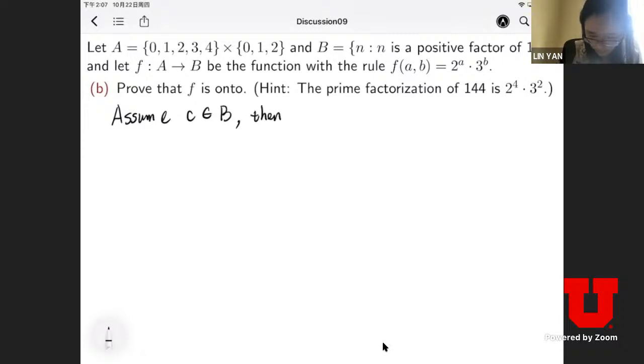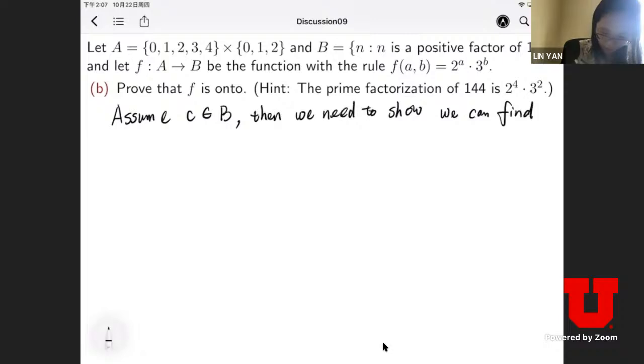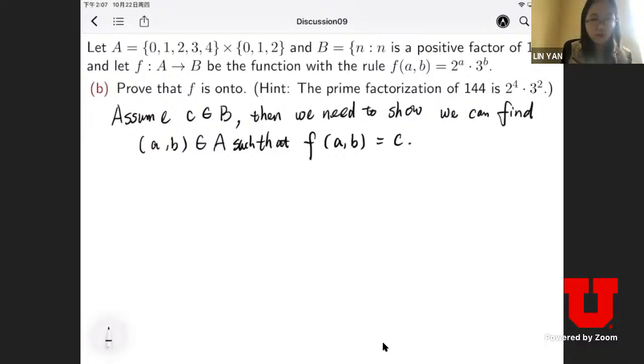Then we need to show we can find elements (a, b) from the domain A such that f(a, b) is equal to c.